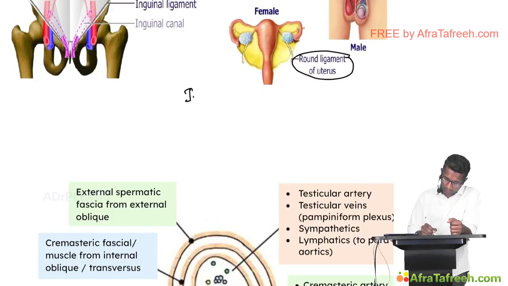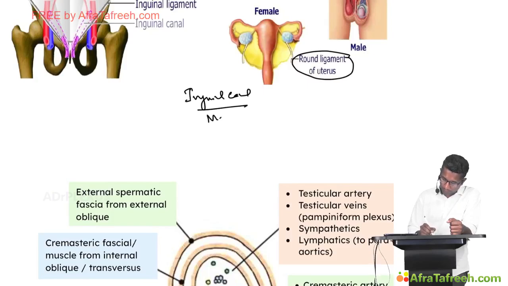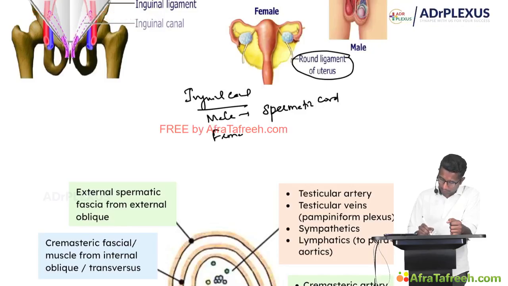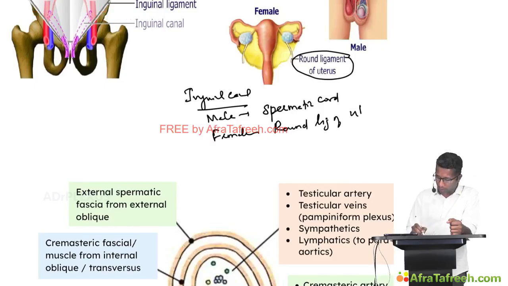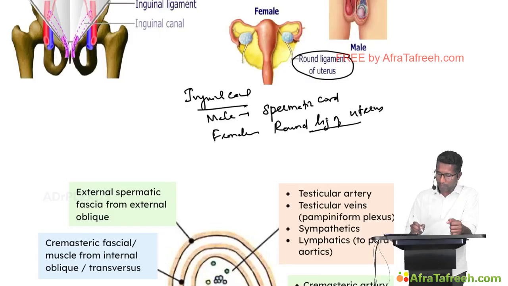The inguinal canal in males contains the spermatic cord, and in females it contains the round ligament of the uterus. I hope you know what the round ligament of the uterus is. It is attached to the angle between the fallopian tube and the body of the uterus.